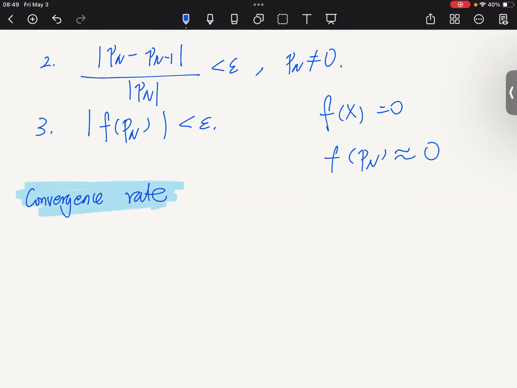Next time you will see this convergence rate is related to the iteration number. Let's say we have n iterations, and then the convergence rate is big O of 1/2ⁿ. We are going to prove this next time.